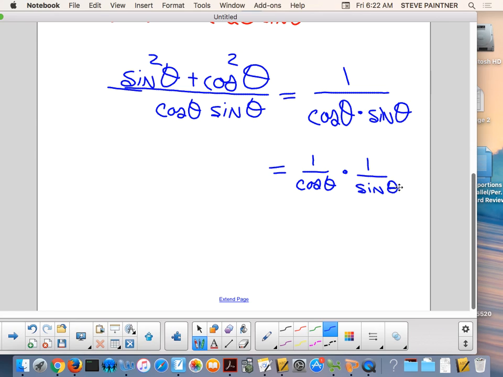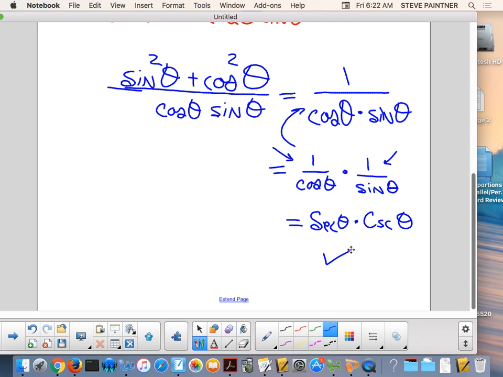We do know that this fraction and this fraction, when multiplied, does give you this. So this is the same thing. And we now know that 1 over cosine is just secant of theta times cosecant of theta. Exactly what we wanted up top. Okay? And this is now verified. We proved that the left side is the right side.